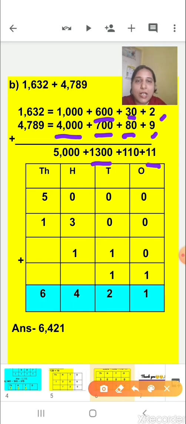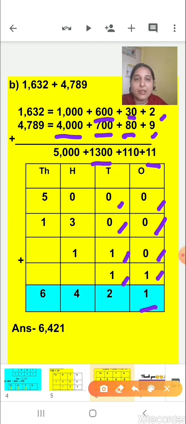Now we'll draw a table like this. We will have different place values and we'll place these numbers at their respective places. So now we'll start adding them from the ones place. So first we'll add ones, that is 0 plus 0 plus 0 plus 1. What we'll get here? 1. Then 0 plus 0 plus 1 plus 1.